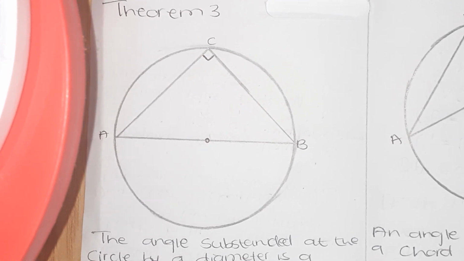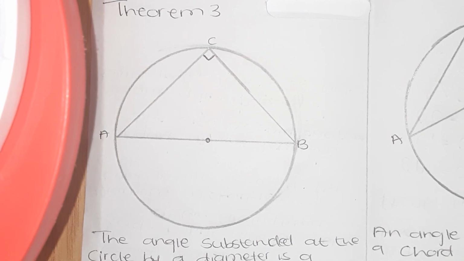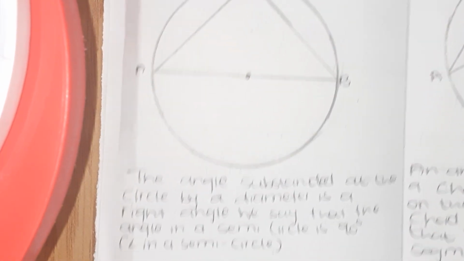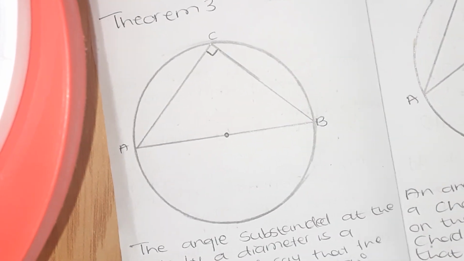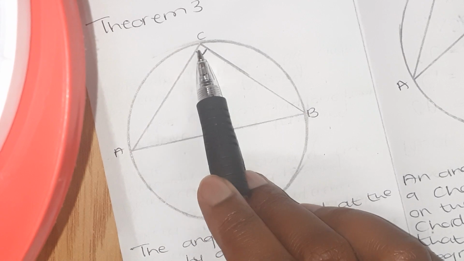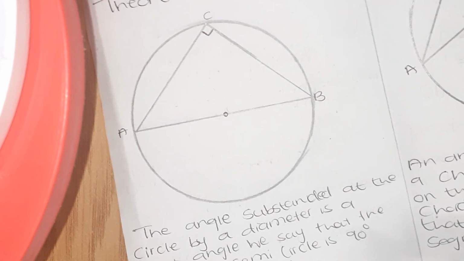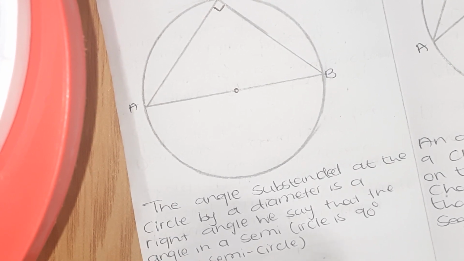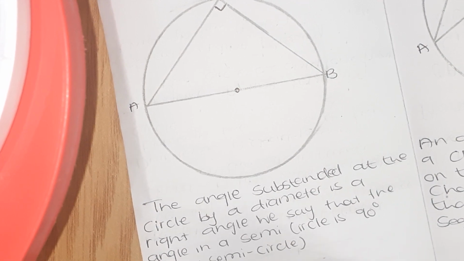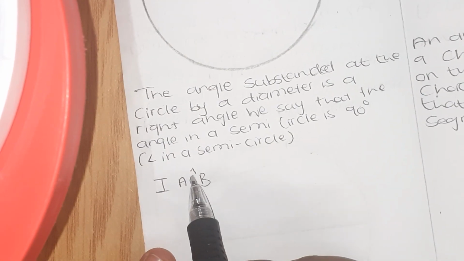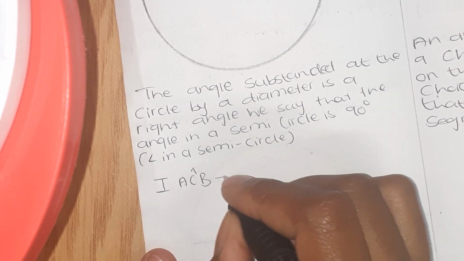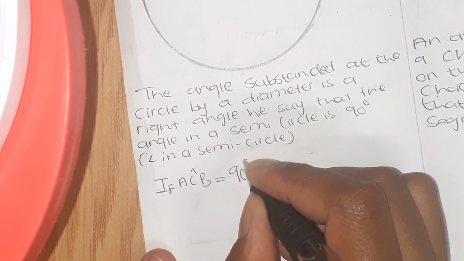Now, what we can do is, let me see if I can find something. If you are asked to prove that this is 90, you can simply say ACB, when you see this kind of cap on top, you must know this is the angle we are looking for, equals 90 degrees.